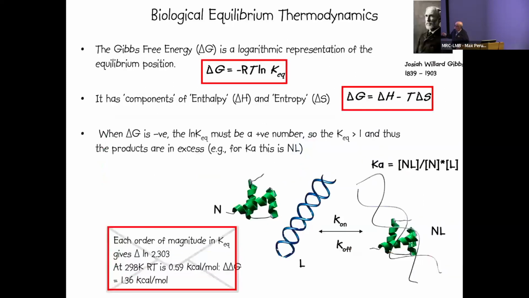This equilibrium constant can be thought about in a logarithmic sense, which makes it easier to talk about. And we introduce a couple of constants, the gas constant and temperature. Obviously, temperature is constant for isothermal work, but not constant otherwise. So the Gibbs free energy, this delta G, is just a logarithmic representation of that equilibrium position.